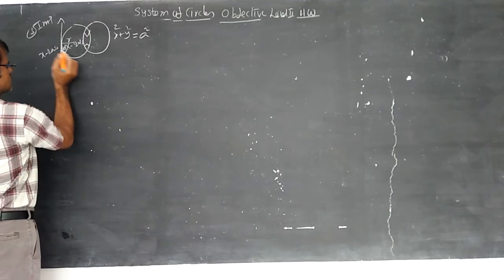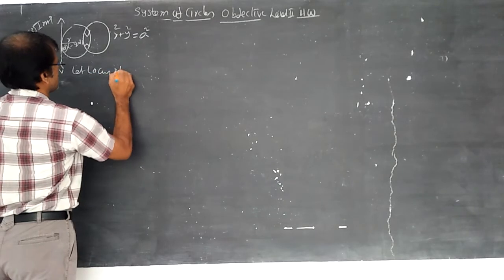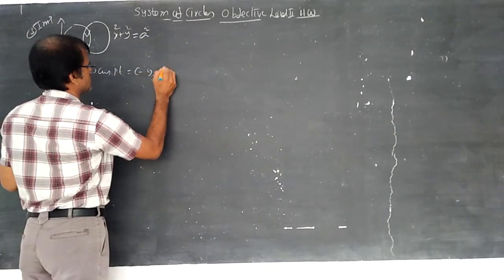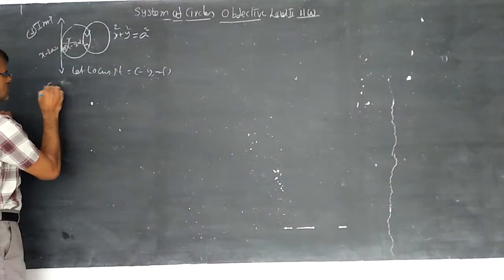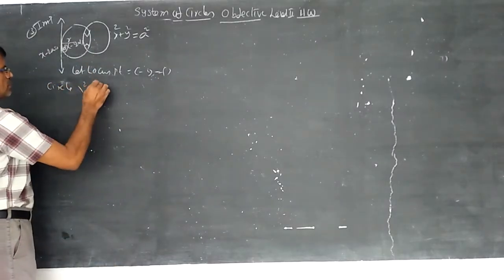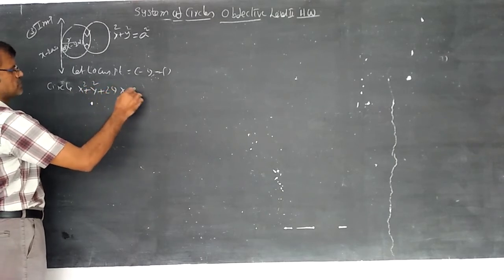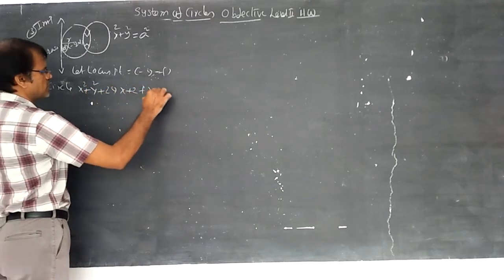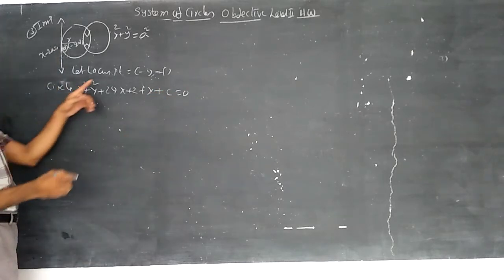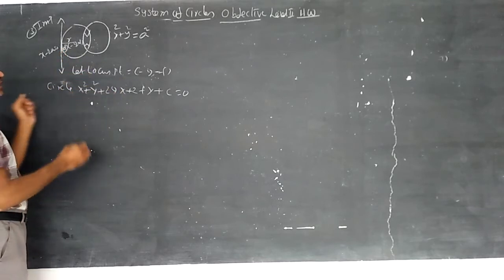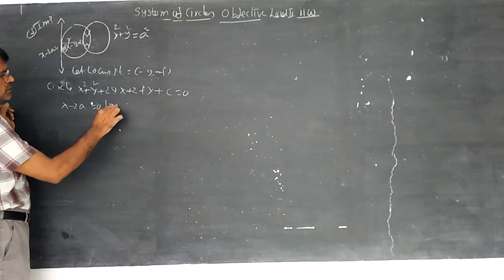Let the locus point be minus g comma minus f. We can write the circle as x square plus y square plus 2gx plus 2fy plus c is equal to 0. This line x minus 2a equal to 0 touches the circle.